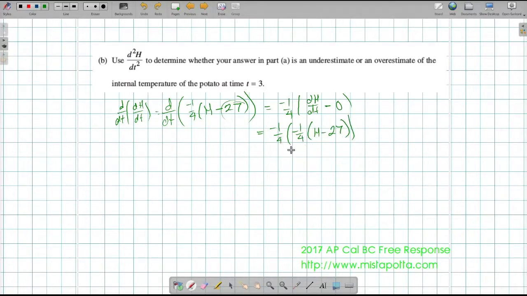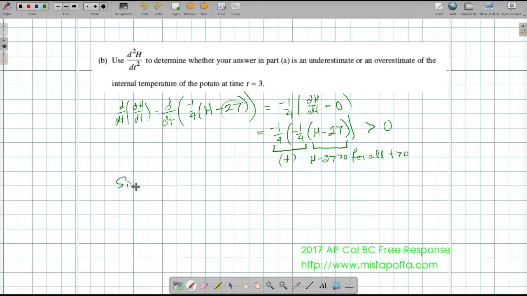Now, I look at this, and I notice that this is always going to be greater than 0, for two reasons. One, this negative times a negative is going to give me a positive. And for two, I know that h is greater than 27, so h minus 27 is greater than 0 for all t greater than 0.